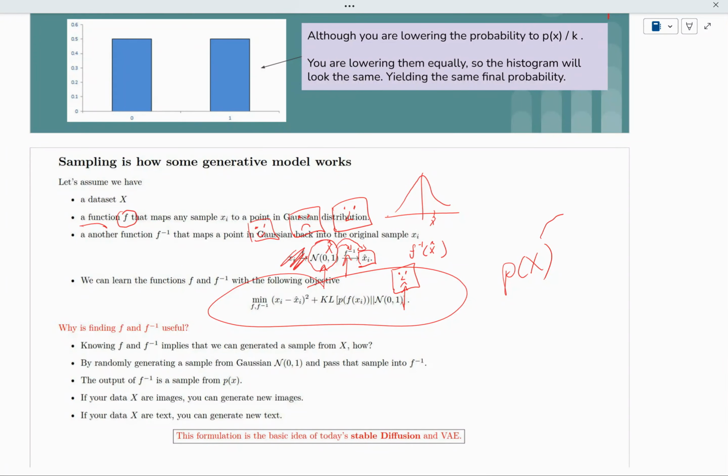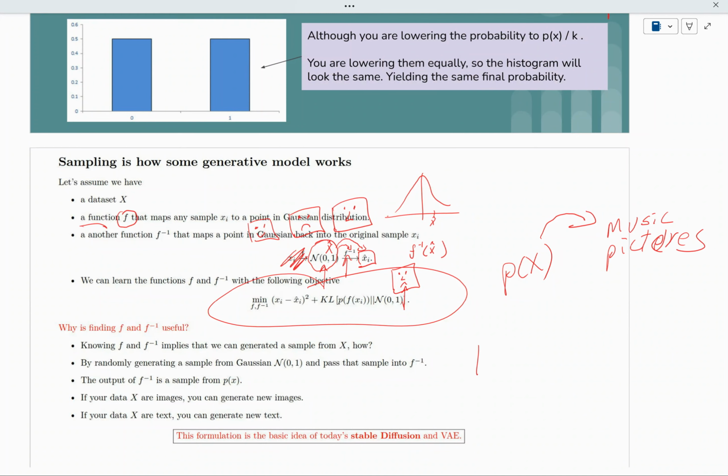Once you know the P of X, it's generating a sample. And P of X could be anything: pictures, videos, audio, music, right? And therefore, whenever you generate a sample, you will get a sample of music, audio, pictures, right?